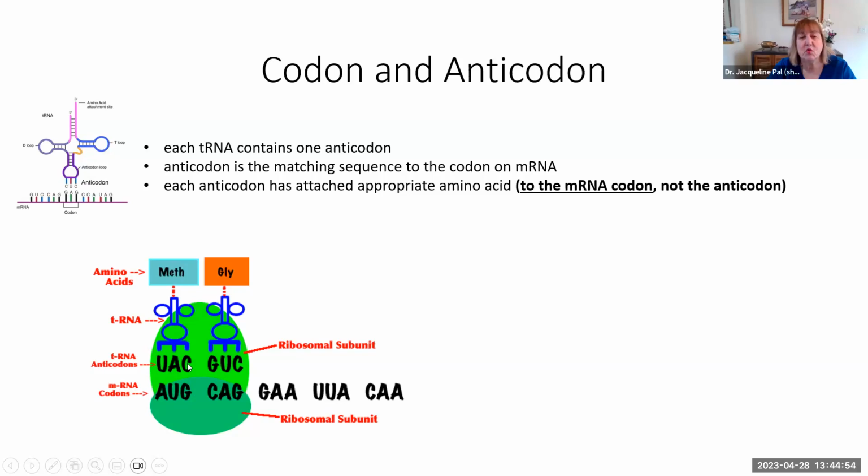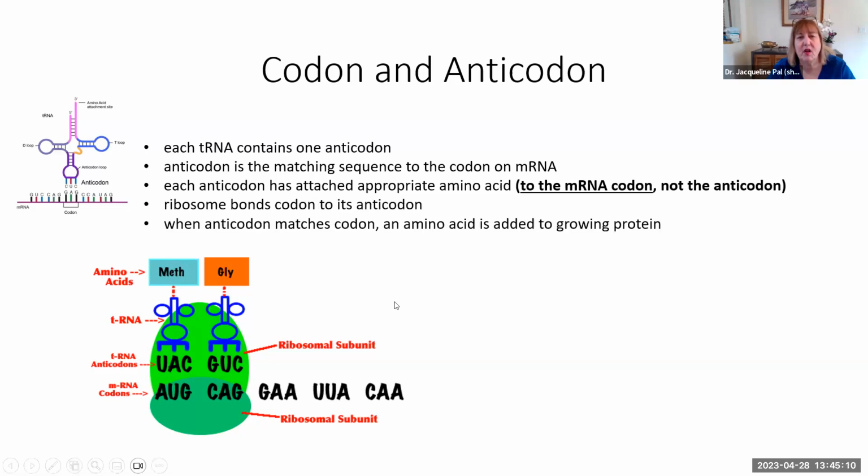Well, that means the transfer RNA would have to be UAC. So the U would attach to the A, the A would attach to the U, the C would attach to the G, these lovely hydrogen bonds, and then we would be able to start with the methionine. All right. So the ribosome is where this bonding of codon to anticodon occurs.